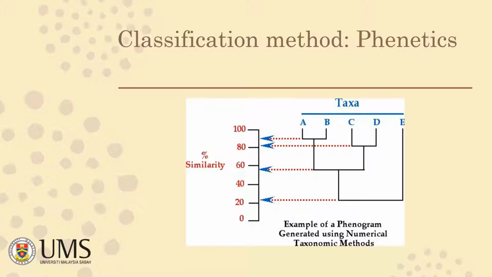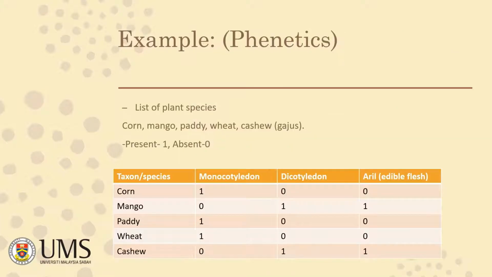So you will have a figure like this, and it explains how similar or not similar they are. For example, we have a list of plant species here: corn, mango, paddy, wheat, and cashew. We want to explain how close together these plants are, or whether they are not included, they are not the same.